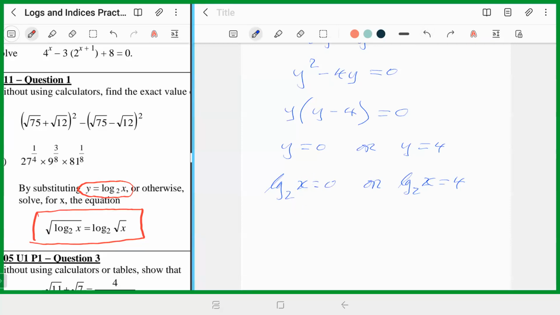The x must be 1. Log of 1 is 0, isn't it? x equals 2 to the 0, x equals 1. Or this x equals 2 to the power 4. 2 to the power 4 is 16. x equals 1 or x equals 16.